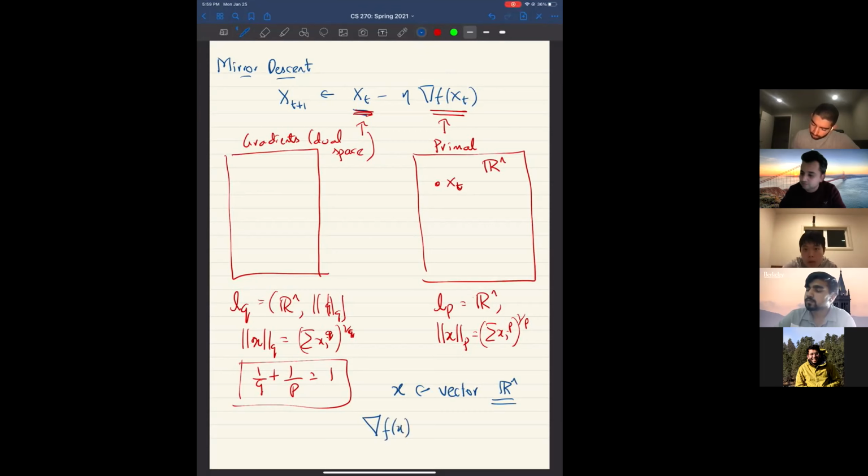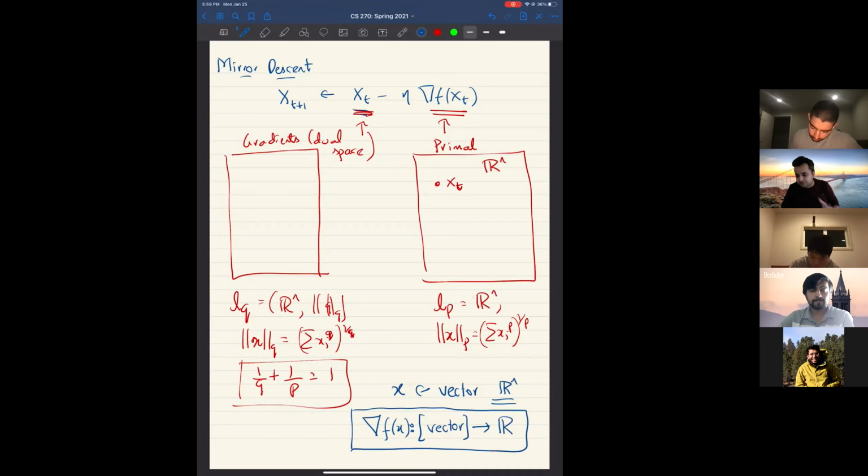Well, the type of a gradient is a function that takes vectors and gives you a number. It's a linear functional. So in some sense, it's an object of a different type. It lives in a different space, which is the dual space.